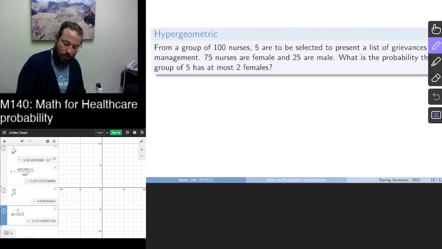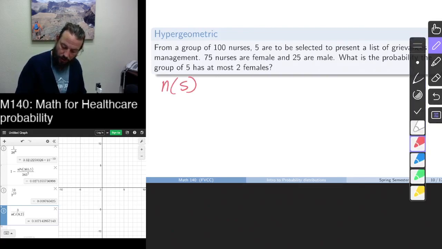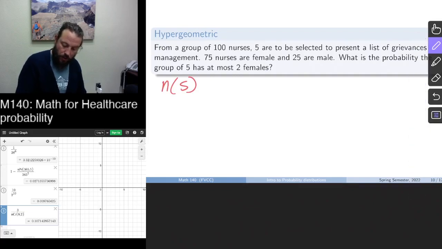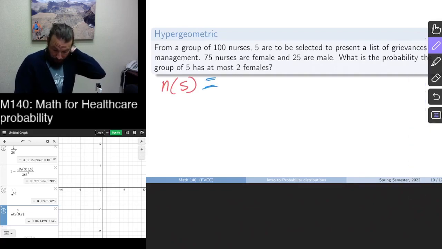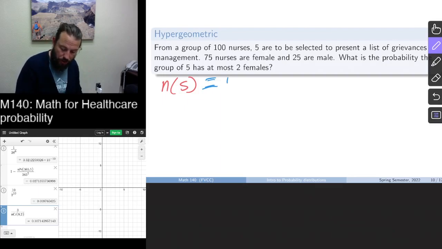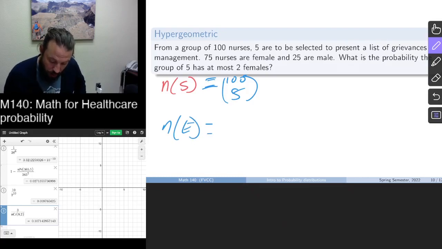All right. Well, first, let's find our sample space. That's going to be what? This is now all of the one bin problems, so there's 100 total, and we're choosing 5. Now, the size of our event: what is the probability the group has at most 2 female nurses?